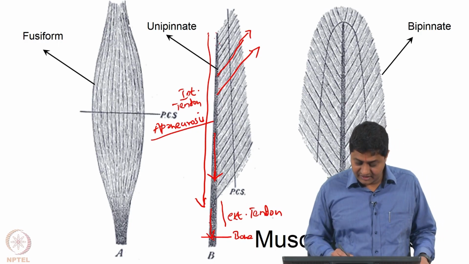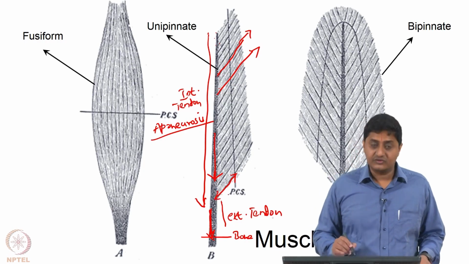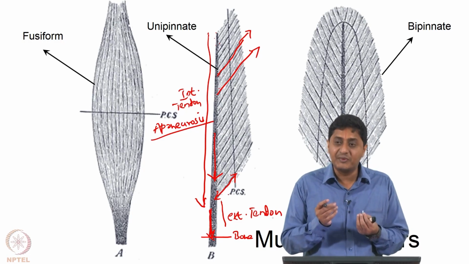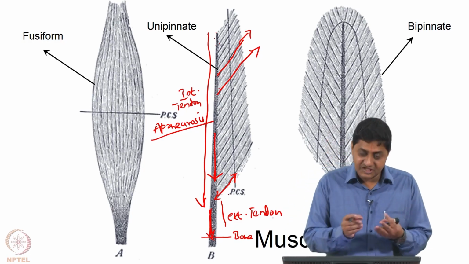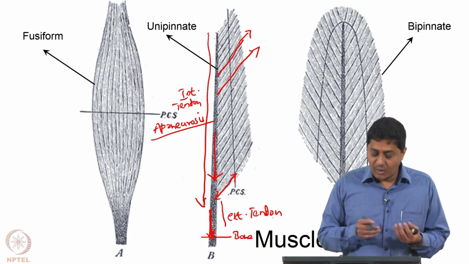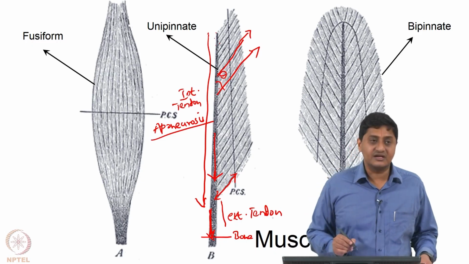The muscle line of action of force is in that direction, whereas the muscle fiber line of action of force is in this direction. So, only a component of the fiber-produced force gets transmitted to the bone, and obviously that changes as a function of theta.